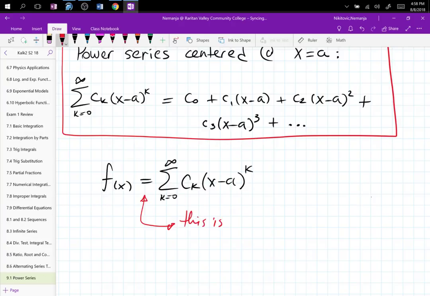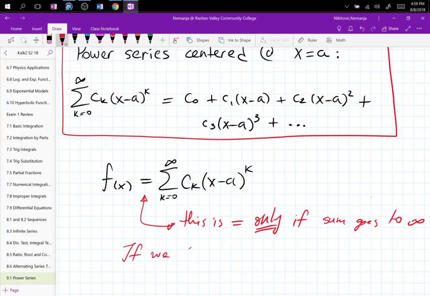This is equal only if the sum goes to infinity.